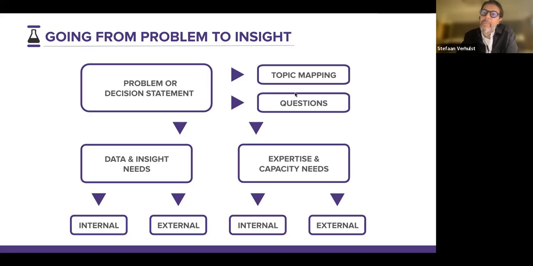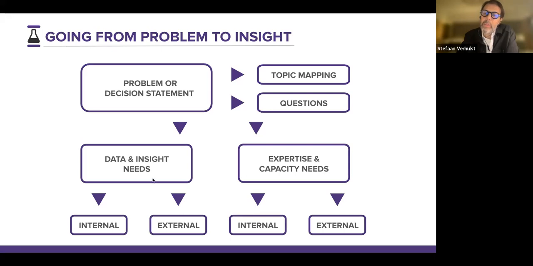But obviously, you need to really turn that into questions, because the only thing data can do is answer questions, is provide insight vis-a-vis particular kinds of questions. And that requires far more sophistication than typically is assumed. And then once you have a question, it's really about what is the data that I need, and also what is the expertise and the capacity that I need.